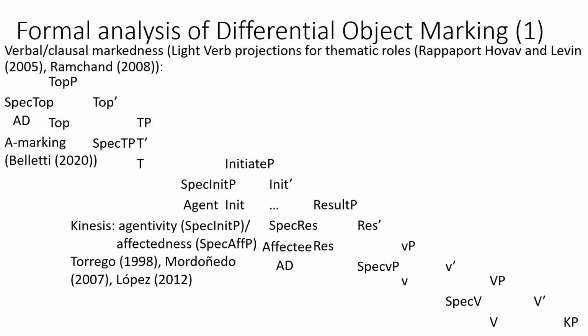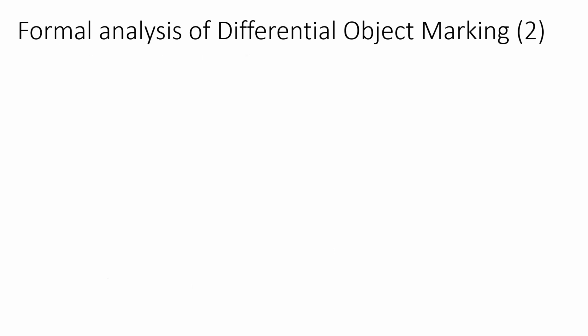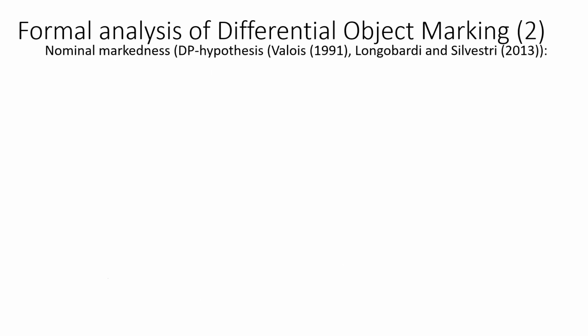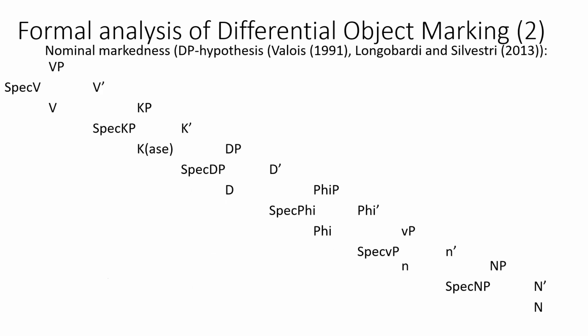And about that, we've got topic marking. Recently, Belletti has shown that topic marking can be formally derived in the nominal dimension. If we look at the DP hypothesis as applied to Romance by Valois and Longobardi, etc., we get a structure like this. Again, a is a case marker, in the canonical position. And here we get various types of triggers.